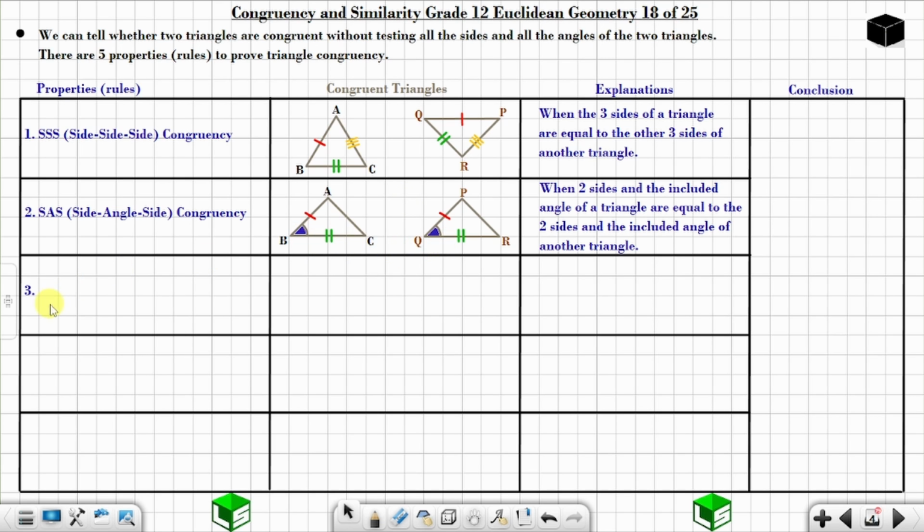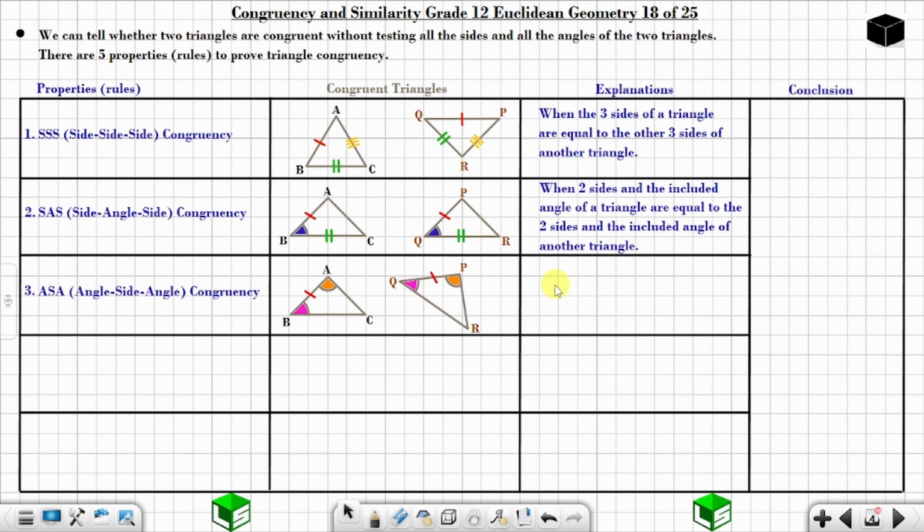Okay, the third property, which is angle sides angle. ASA, angle sides angle congruence property. So if you can prove that two angles and an included side, a side between two angles, in one triangle are equal to the two angles and the included side in another triangle, this is sufficient to conclude that the two triangles are congruent.